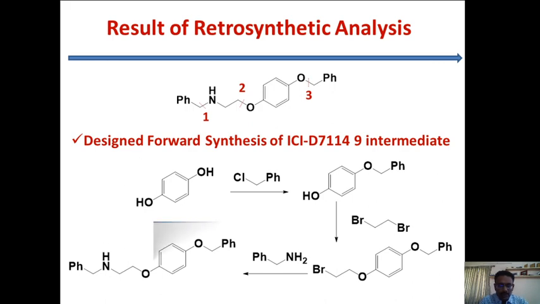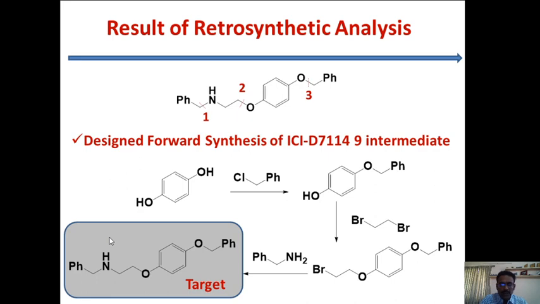Now I think you understood how you arrive at the right synthetic pathway, the forward reaction, when you are given this target molecule. You were given the target molecule, and we did all the retrosynthetic analysis throughout, selecting all the six carbon-hetero bonds.